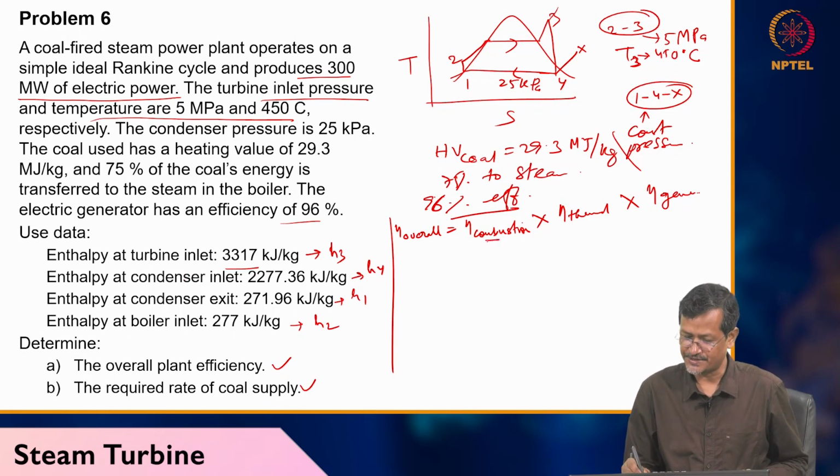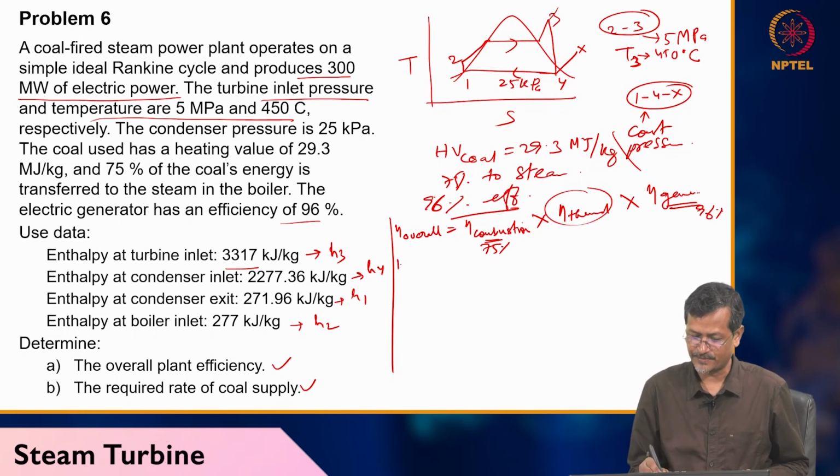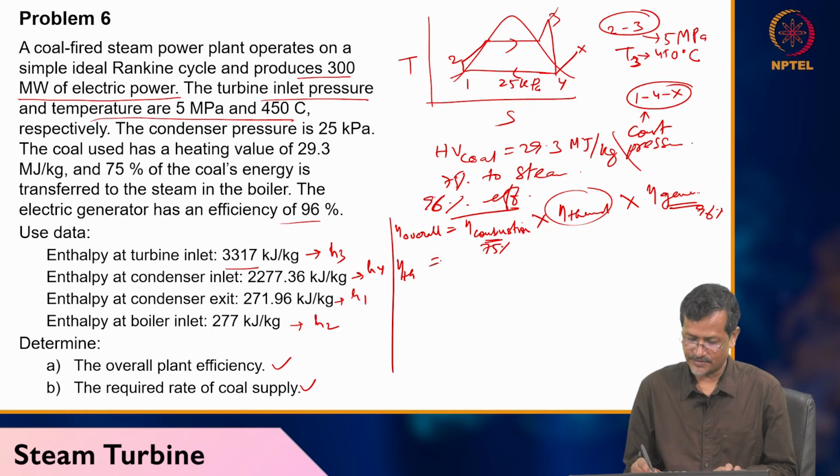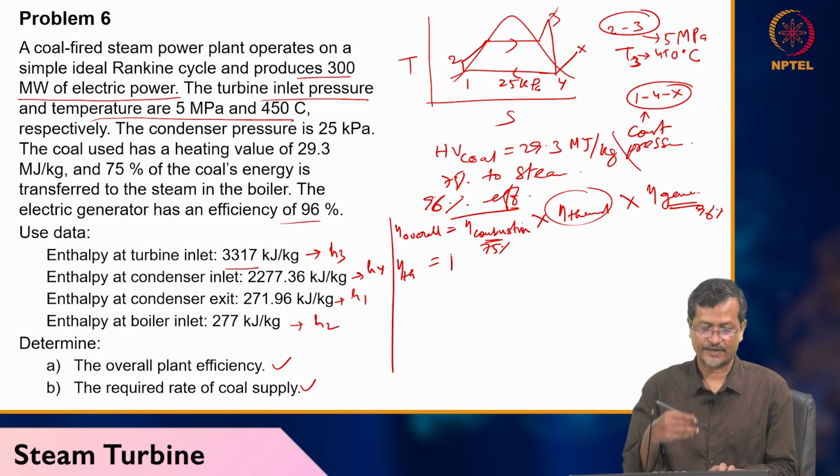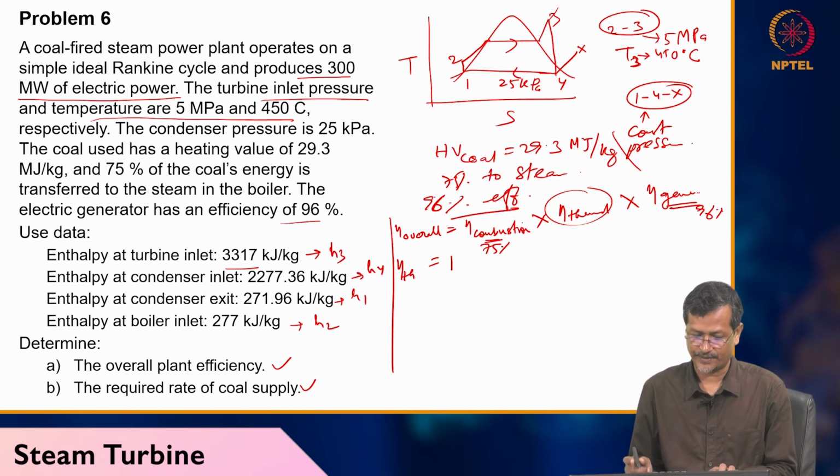Now combustion efficiency is given, 75%, generator efficiency 96%, but thermal efficiency is not given. So how to calculate thermal efficiency? Actually you get it from net power divided by heat supplied in the boiler. So 1 minus (H4 minus H1) divided by (H3 minus H2).